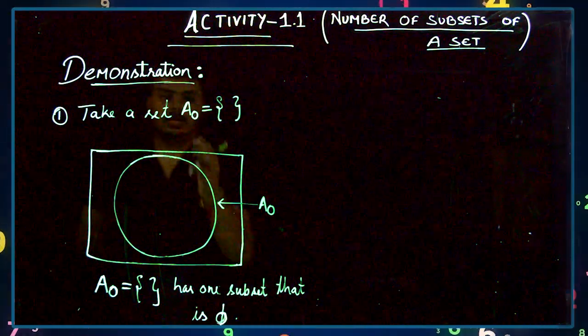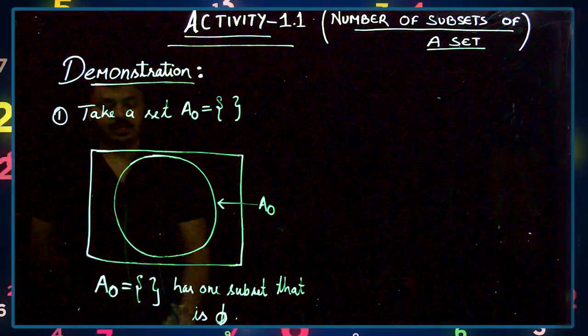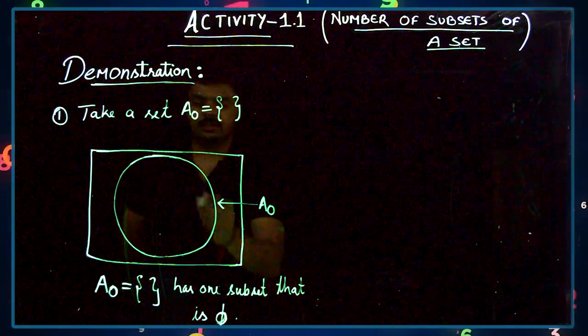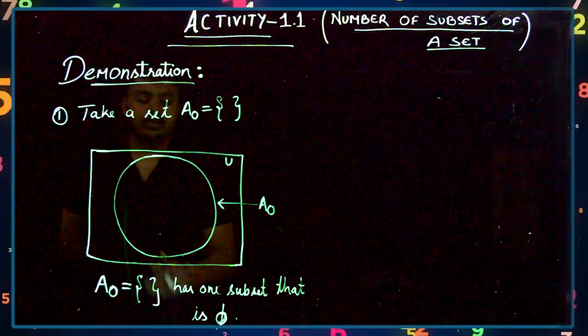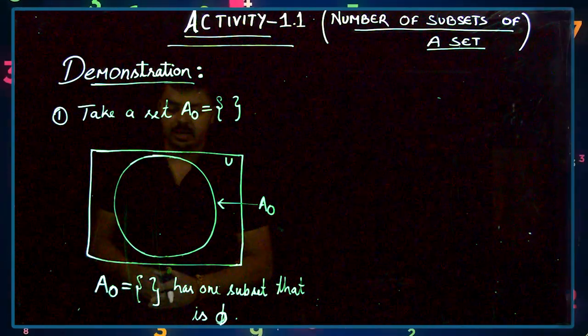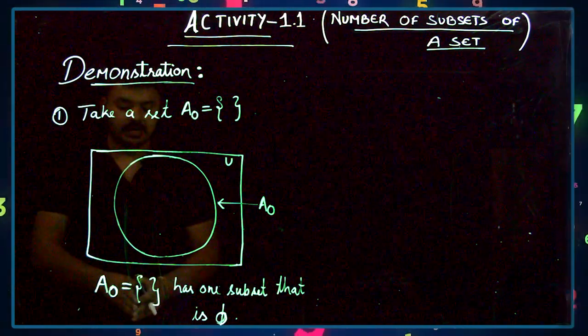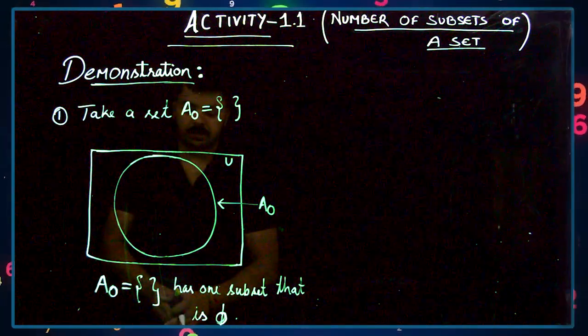The null or empty set is represented by the symbol phi.